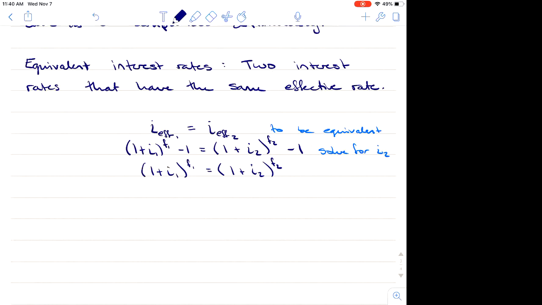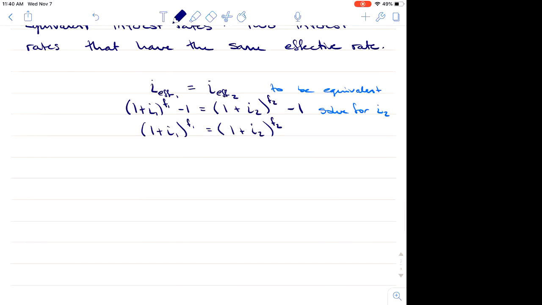Now, to get rid of that f2, I have to take the f2th root of both sides. Ugh. Well, let's do it and see what happens. The f2th root of 1 plus i1 to the power of f1 is 1 plus i2. Now that we've taken the f2th root, we just have the 1 plus i2.